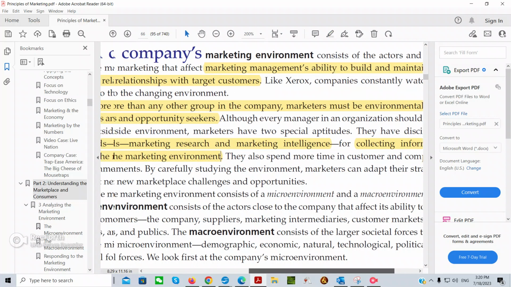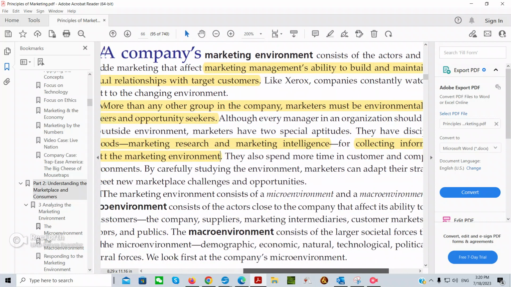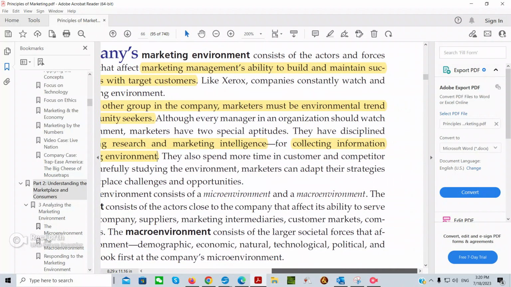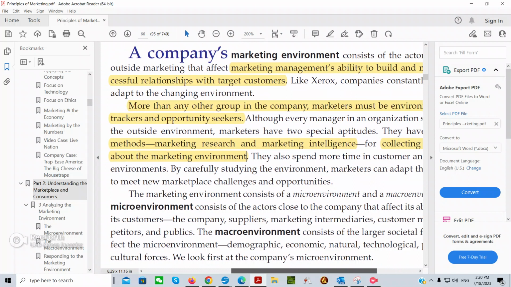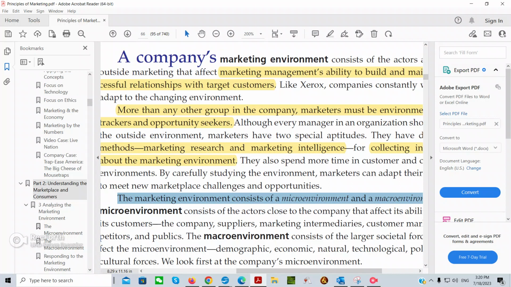That's what it is. Now, they spend more time in customer and competitor environments. By carefully studying the environment, marketers can adapt their strategies to meet the new marketplace challenges and opportunities. The marketing environment consists of a microenvironment, like we were talking about, and a macroenvironment. You need to consider both.